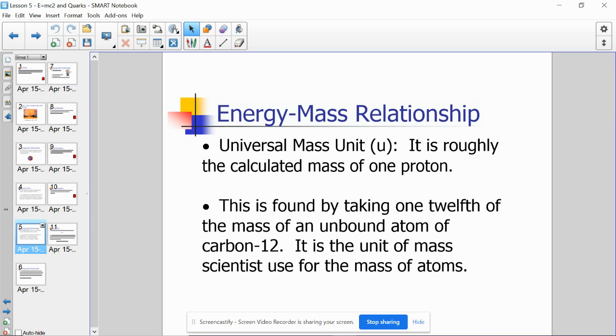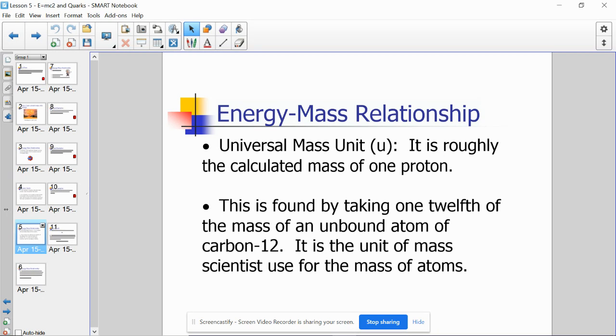That is the rough equivalent of a proton, and the rough equivalent of one neutron. Both of them are off by a little bit, one is a little bigger than the other, but that's going to be our rough standard, our universal mass unit, 1 u.